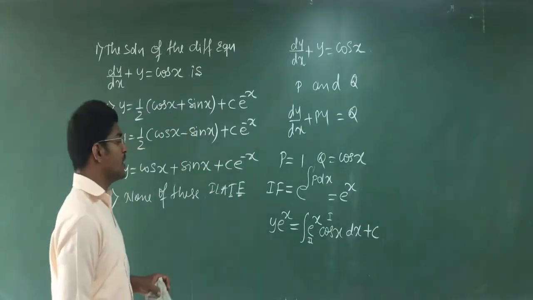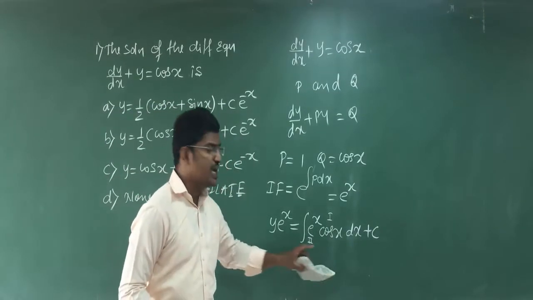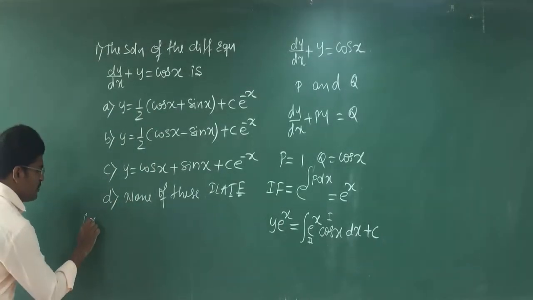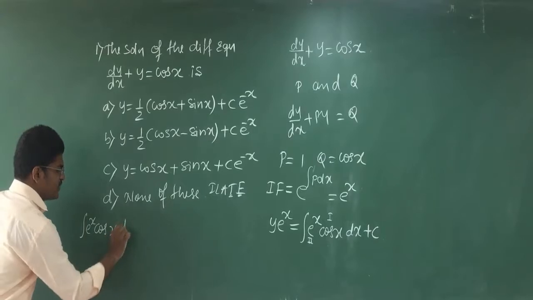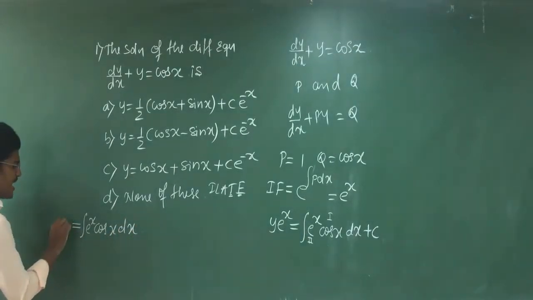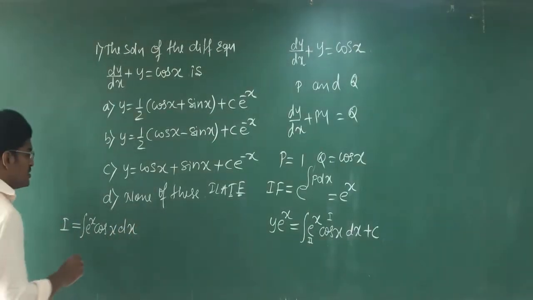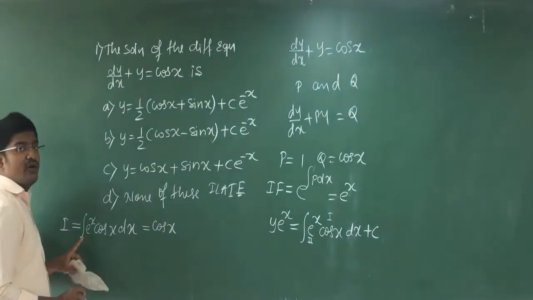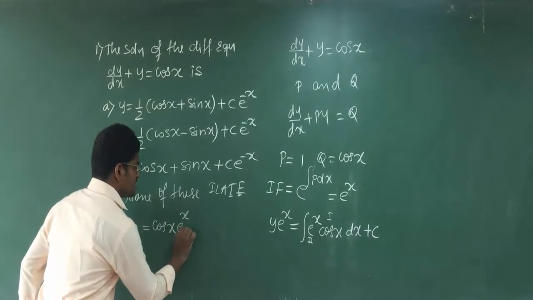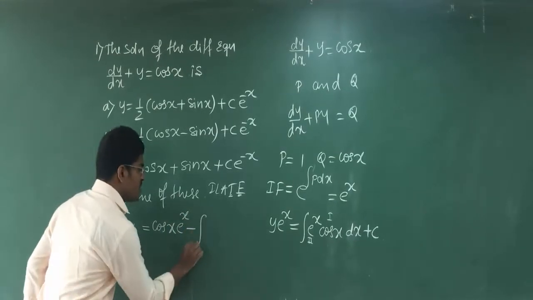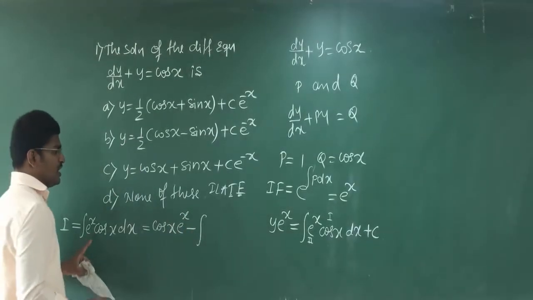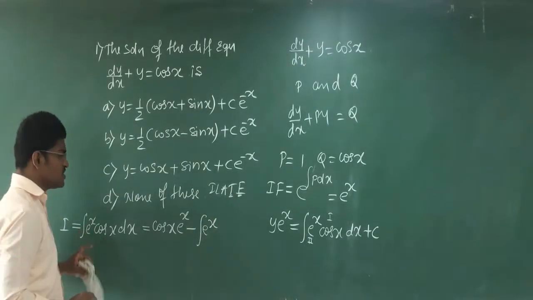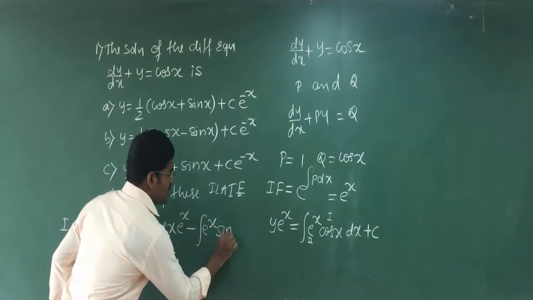Now we have to integrate this. So let us solve that. Integration of e power x into cos x with respect to dx, I will take it as I. So this will be equal to cos x times the integration of e power x, which is e power x, minus integration of, next, the integration of e power x, which you know is e power x, times the differentiation of cos x, which is minus sin x.